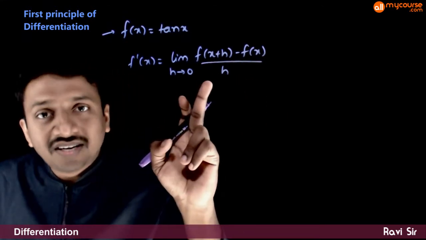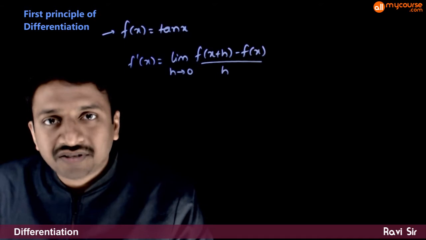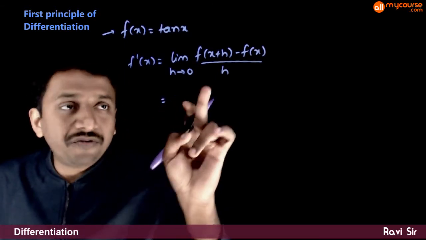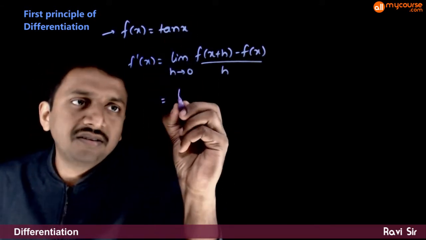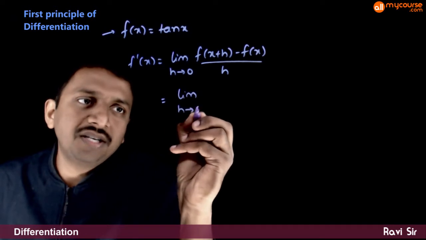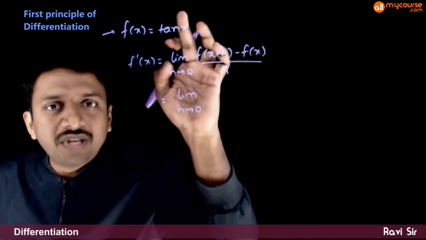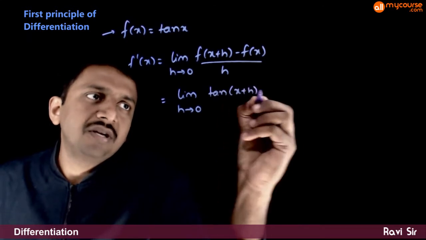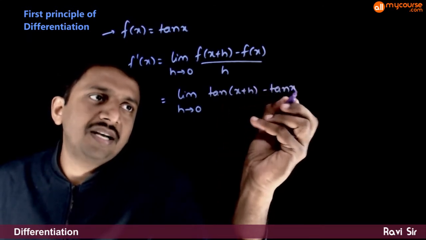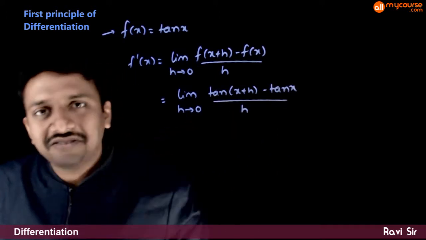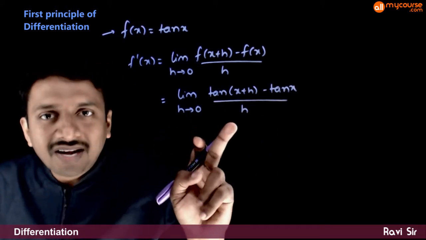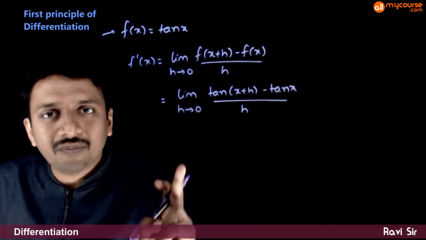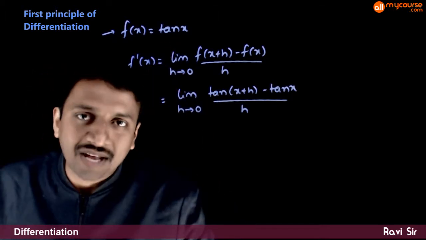This is the definition of differentiation. If you apply this for tan x, you get limit h tends to 0, tan of x plus h minus tan x, by h. If you can find this limit, it will be nothing but the differentiation of tan x.